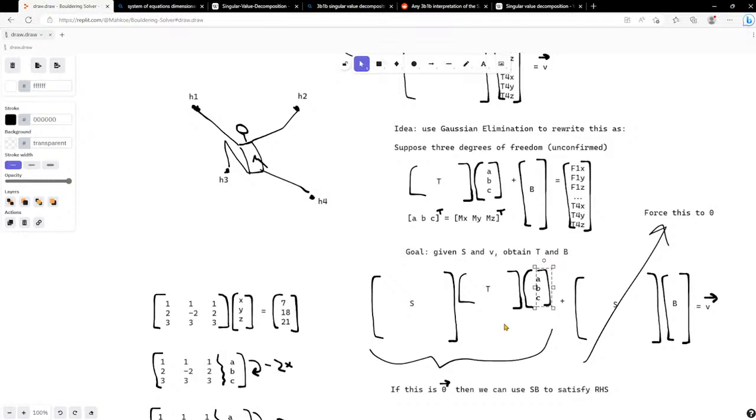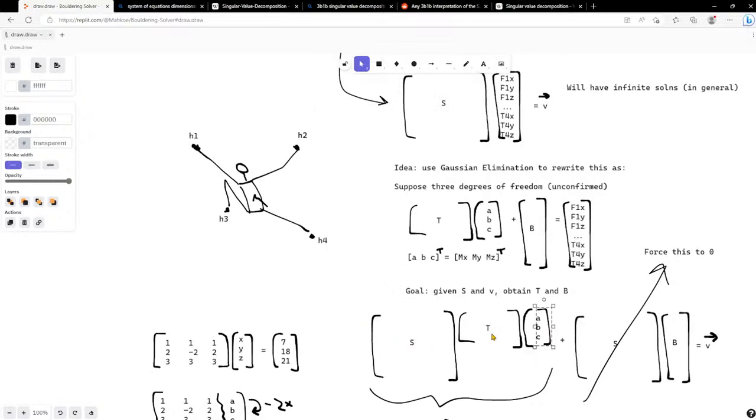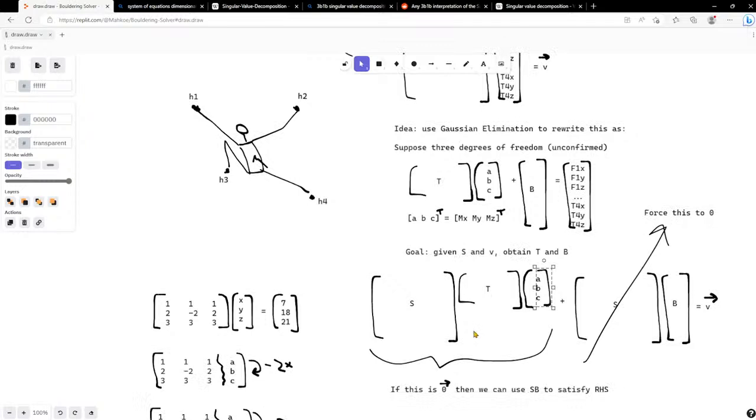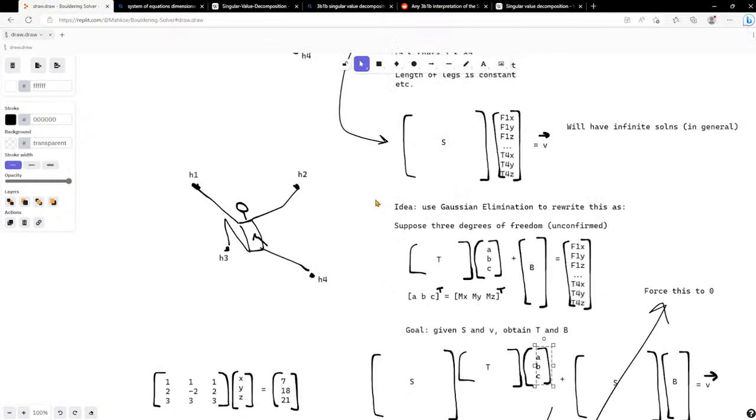Oh, man. If I multiply these two matrices together, I think my initial thought here is wrong.